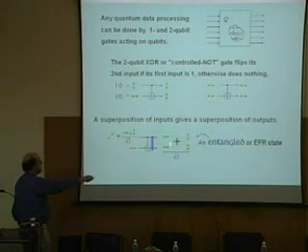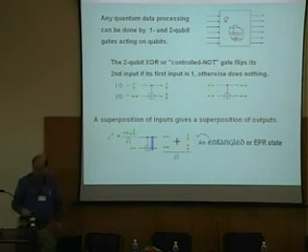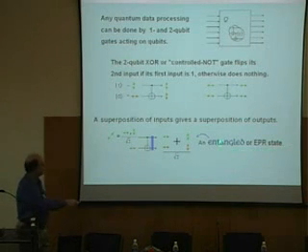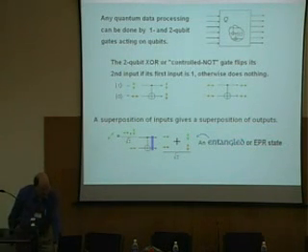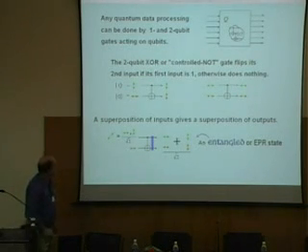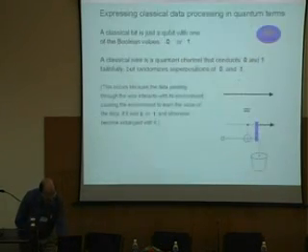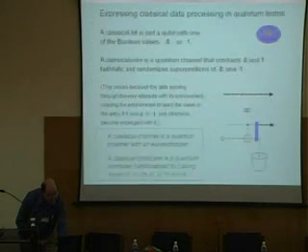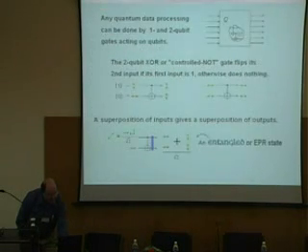A superposition of both photons being horizontal and both photons being vertical. Now that's an entangled or Einstein-Podolsky-Rosen state. I'll say a little bit more about it later.